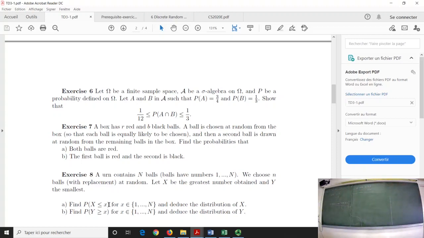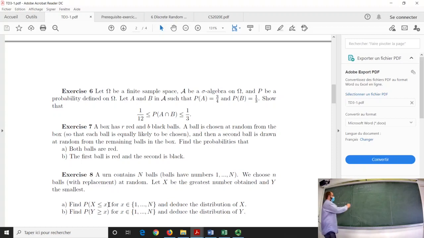Another way to do this would be my way. Just when I see this statement, in fact, what I am thinking about is that I have in my statement A, B, and A intersected with B. And among the properties we have seen together, there is in fact a priori a single one where these three quantities are involved.